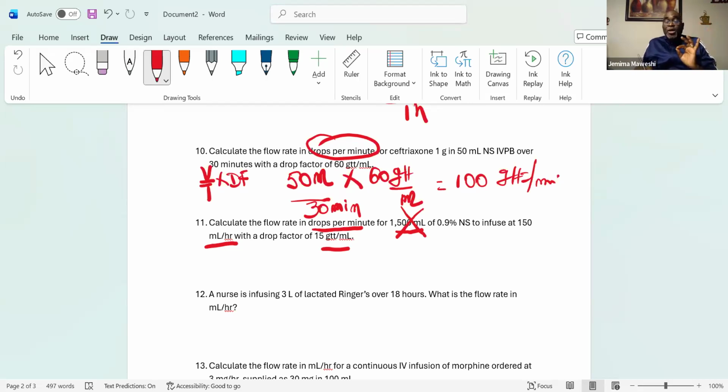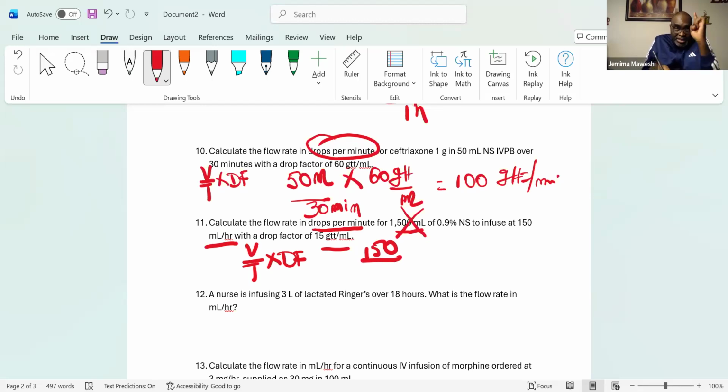So anytime you have milliliter per hour and a drop per minute, we're going to do volume divided by time multiplied by drop factor. The volume you're going to use is this volume right there of the infusion rate, which is 150 per hour, because there is only 1 hour.